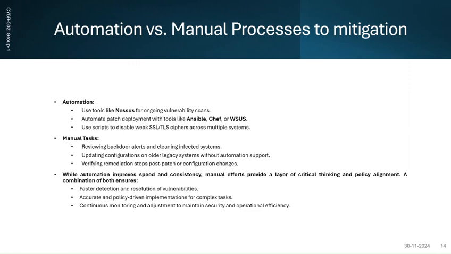However, some tasks like reviewing backdoor alerts or updating configurations on legacy systems require manual intervention. Critical thinking is key for ensuring these changes align with policies. By combining automation and manual efforts, we achieve speed and accuracy for repetitive tasks while retaining human judgment for complex decisions. This ensures faster detection, policy-driven implementation, and continuous monitoring.